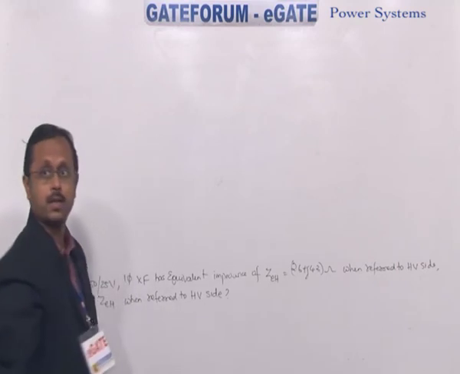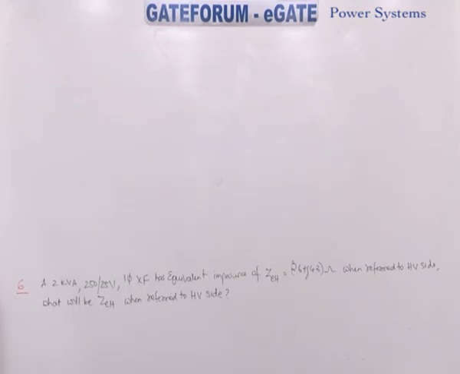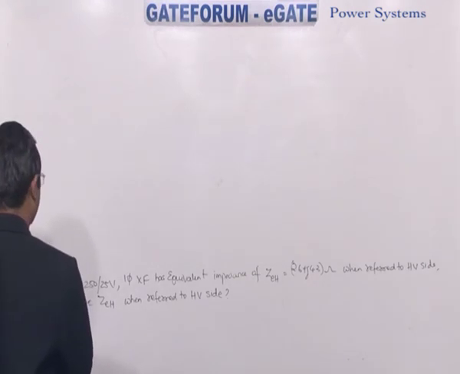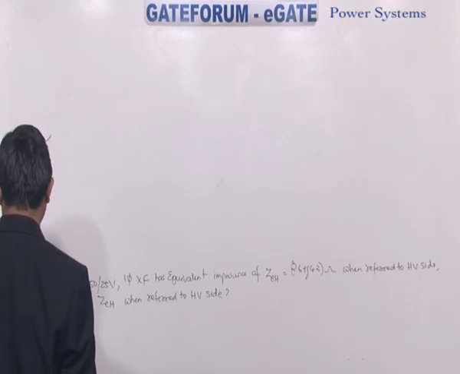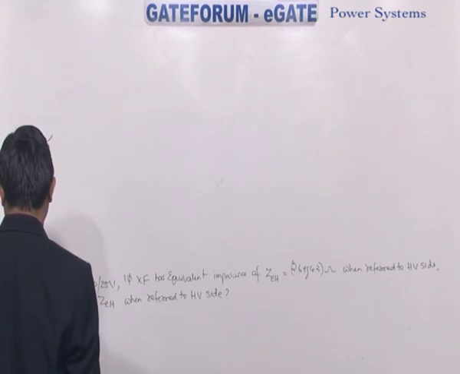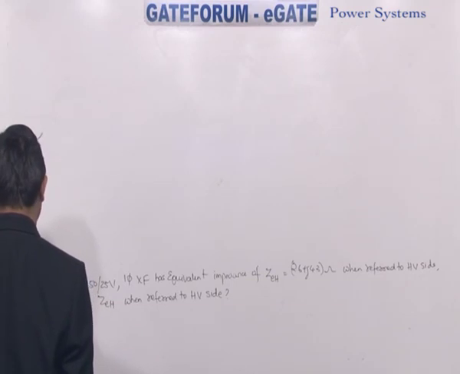So we calculate what is the ZEH with respect to high voltage side. So how to calculate this one? You want to find the answer in ZEH referred to high voltage side now in per unit.